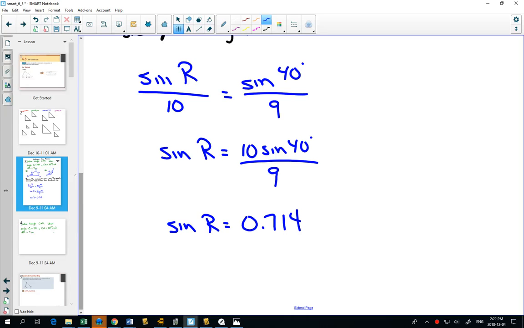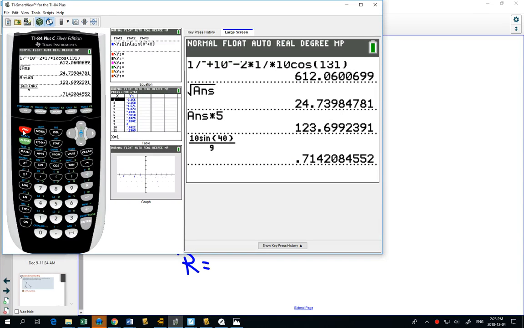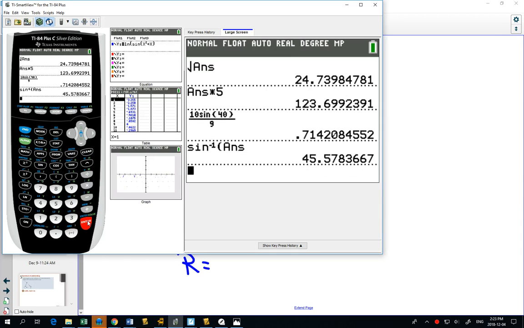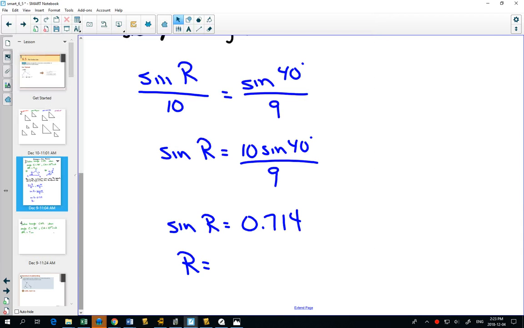And if you were solving for angle R, you would do sine inverse. And this is no problem so far, but the next part is where things get a little bit interesting. 45.6 degrees.